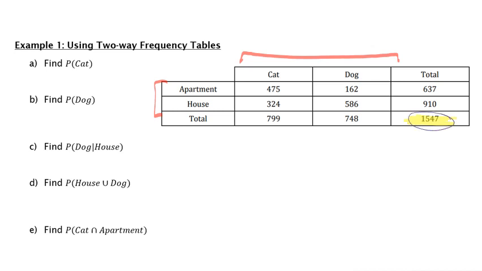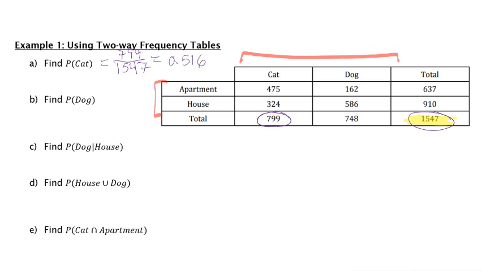So in this case, it's for the entire table. So my denominator is going to be 1547. And of these people, of 1,547, how many own a cat? It's going to be 799 people own a cat. So my probability, if I divide that out, would be 0.516.